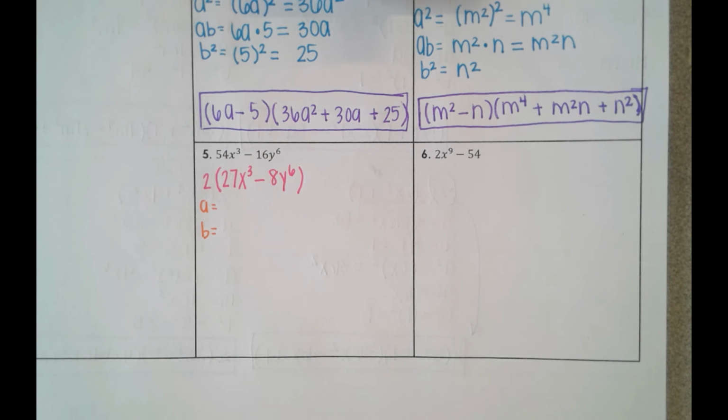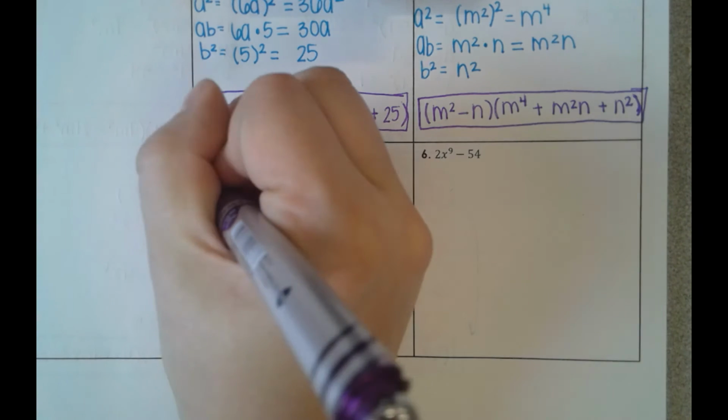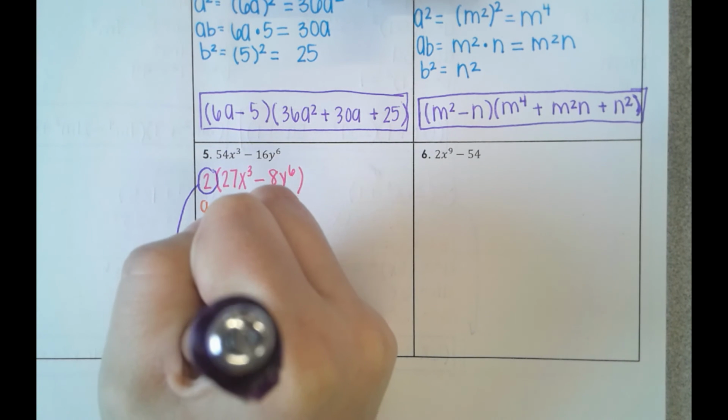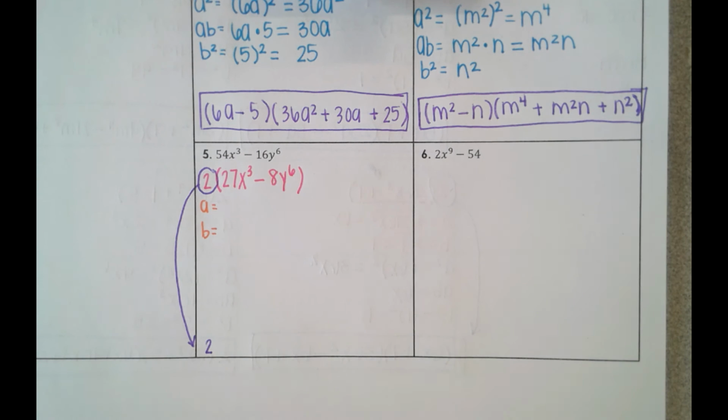Now, something that might help you, because I often forget: as soon as you write your GCF, go ahead and write it down where you're going to put your answer so that you don't forget it.